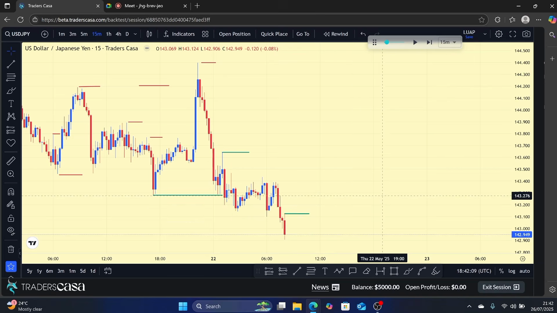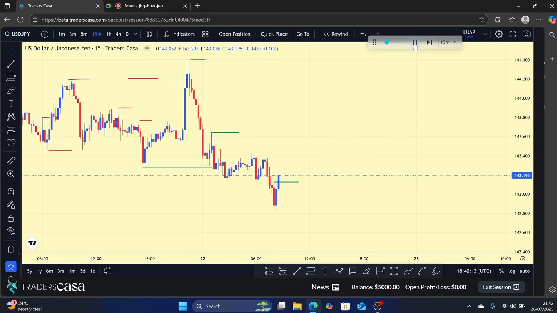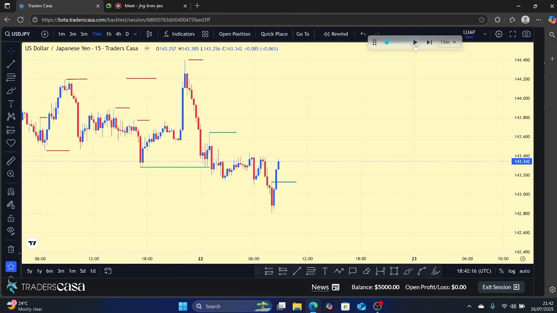And of course I said we need to make sure that the inducement is taken out. So let me continue running, and exactly right there, that's what we were waiting for. We can clearly see that the major inducement is taken out, and this is the moment now to mark our POIs.